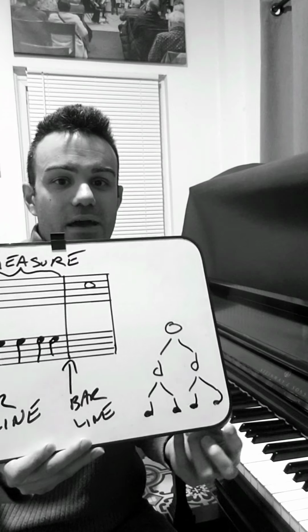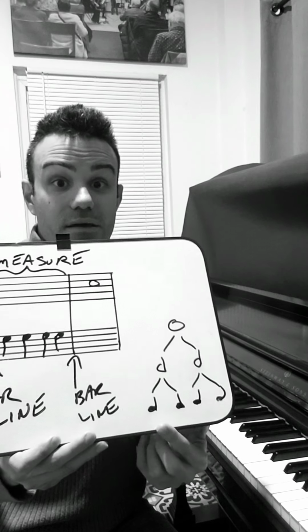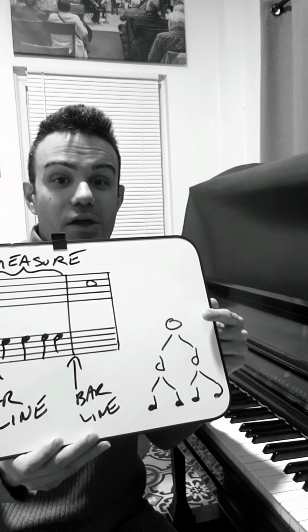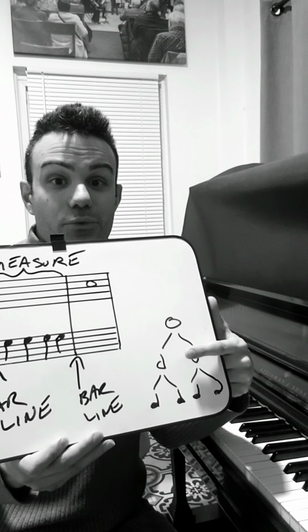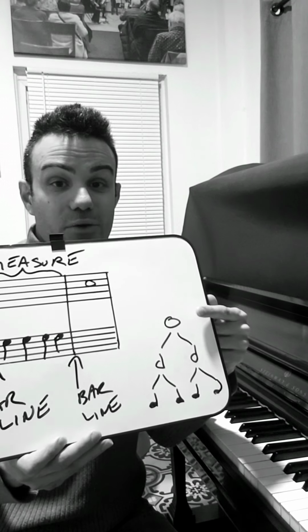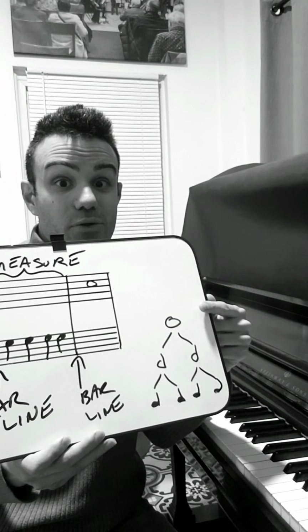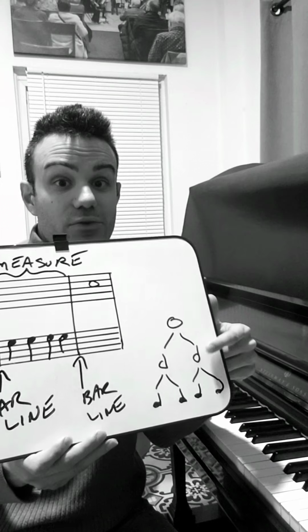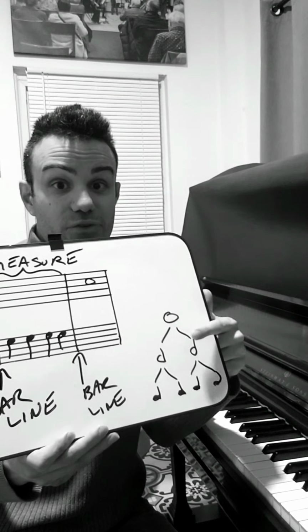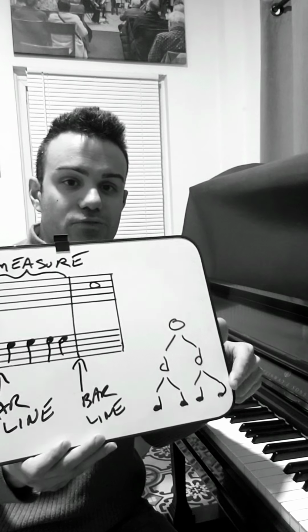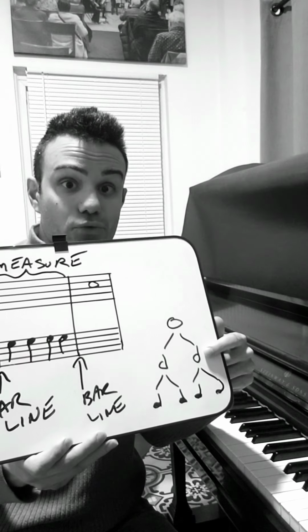So don't forget, 1, 2, and 4. So 2 plus 2 is 4. So don't forget, your whole note is a count of 4. That means 2 half notes are equal to a whole note, right? 1, 2, 1, 2. So 2 and 2, 4. That also means, if I go down this way, your half note is 2, right?